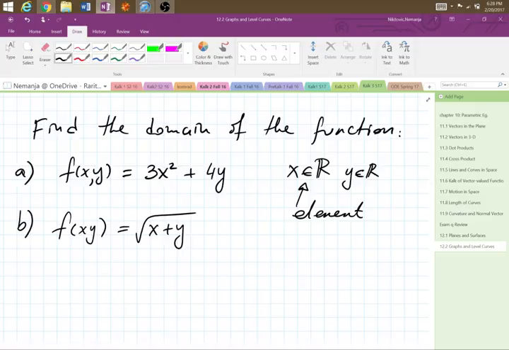So x plus y cannot be negative. Right? That's how I write x plus y cannot be negative. This is the domain. This is the answer.